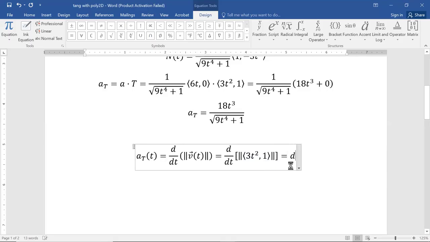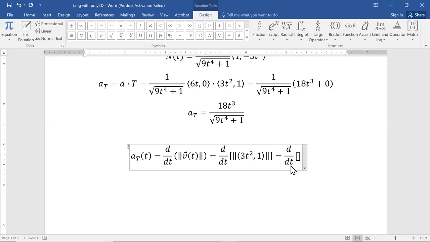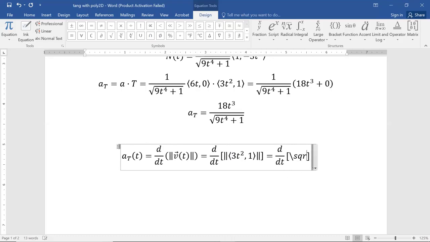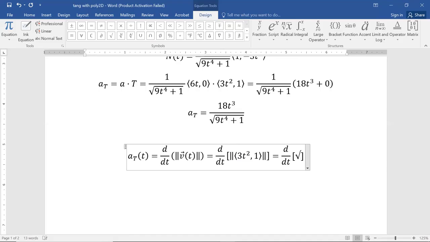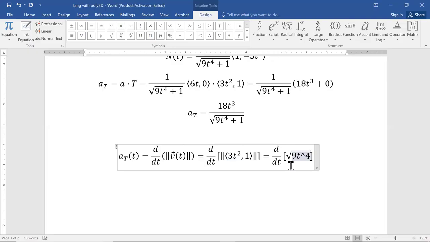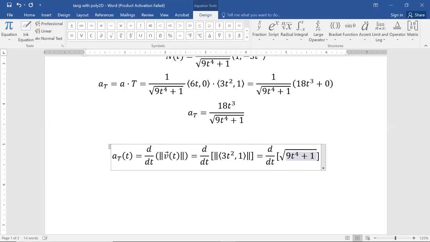So the derivative, again, with respect to t, of the square root, well, when I take 3t squared comma 1, I take 3t squared squared plus 1 squared. That's 9t to the 4th plus 1. So I'm taking the derivative of that.